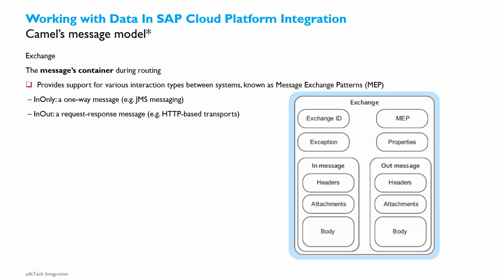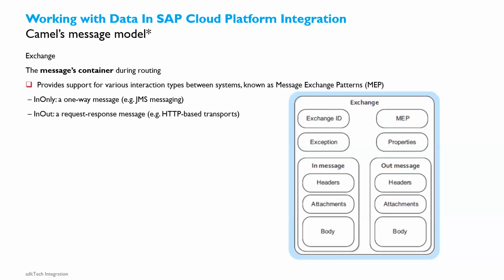Moving forward, if we are talking about the message exchange pattern, we have a new nomenclature provided by SAP in the CPI. Previously, in our process integration, for asynchronous or synchronous messages, we had async and sync.